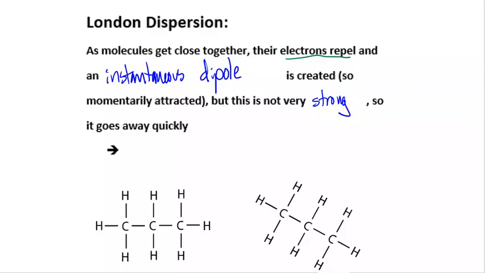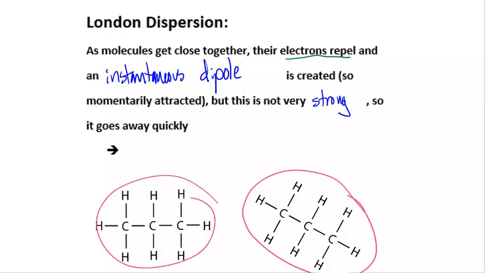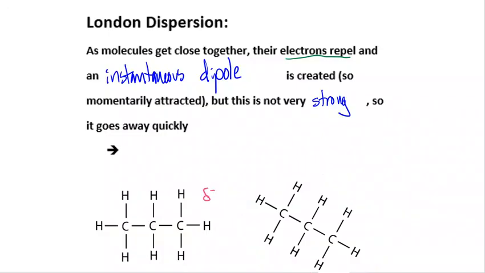You can think of it like this. If we have this molecule approaching this molecule, they both have their clouds of electrons. As this molecule's electrons are circulating around it, there's going to be a time where maybe there's a little bit more electron density over here. So overall, just for a split second, there's going to be more electrons over here that have a partial negative charge.